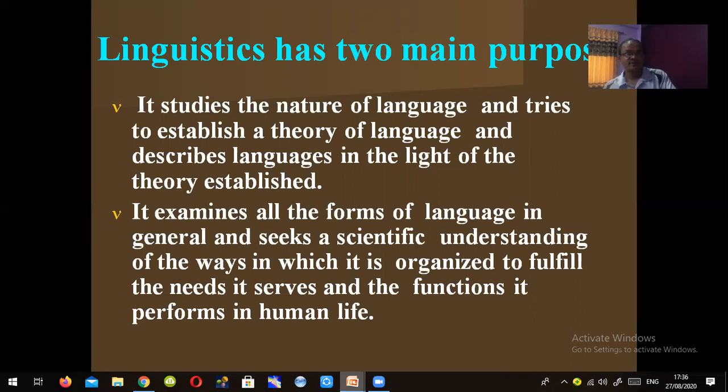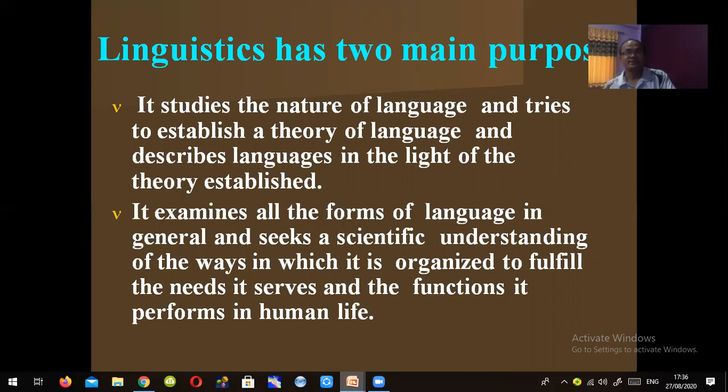So it has another function also. It examines all the forms of language in general and seeks a scientific understanding of the ways in which it is organized to fulfill the needs it serves and the functions it performs in human life. So language in relation to society or human life.